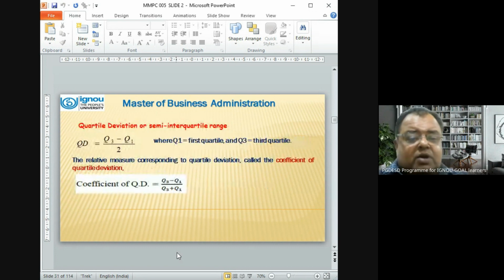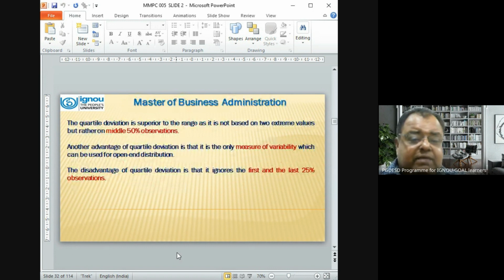Now comes quartile deviation or semi-interquartile range, that is Q3 minus Q1 divided by 2. And the coefficient of quartile deviation is Q3 minus Q1 upon Q3 plus Q1. Quartile deviation is superior to the range as it is not based on the extreme values, but rather on the 50% of the observations.